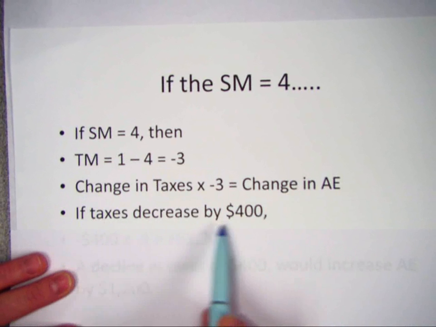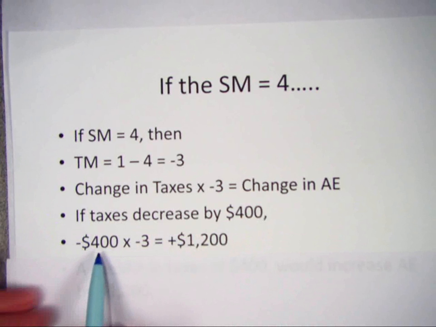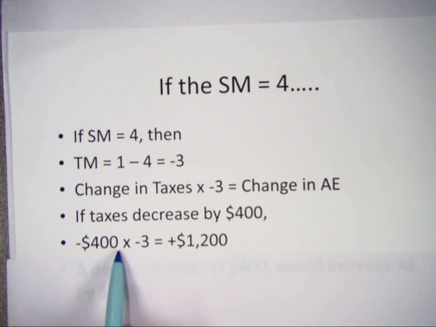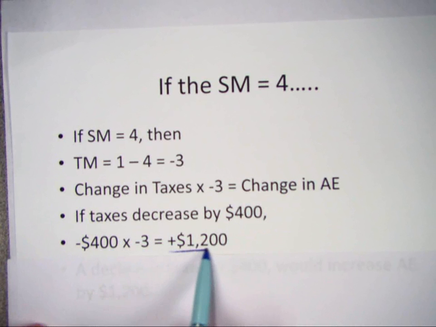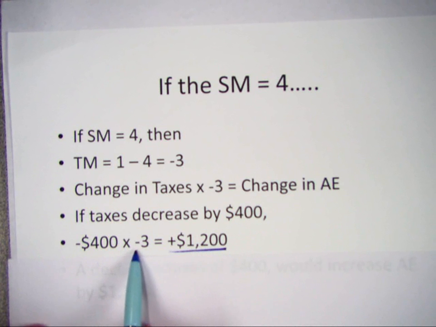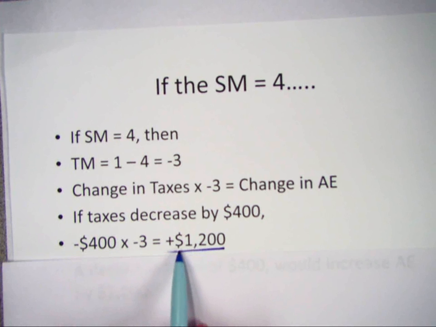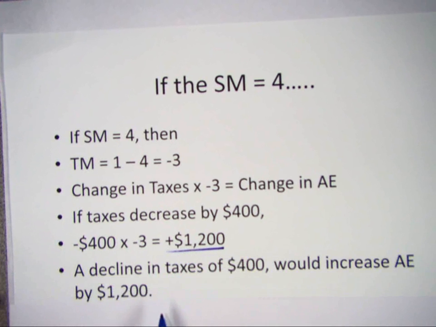If taxes decrease by $400, I will take that negative 400, a decline in taxes, and multiply it by minus 3, which is the tax multiplier, and I'm going to get a positive $1,200. So a $400 decrease in taxes times the tax multiplier of negative 3, a negative times a negative is a positive. We're going to see aggregate expenditures increase by $1,200. A decline in taxes of 400 would increase aggregate expenditures by $1,200.